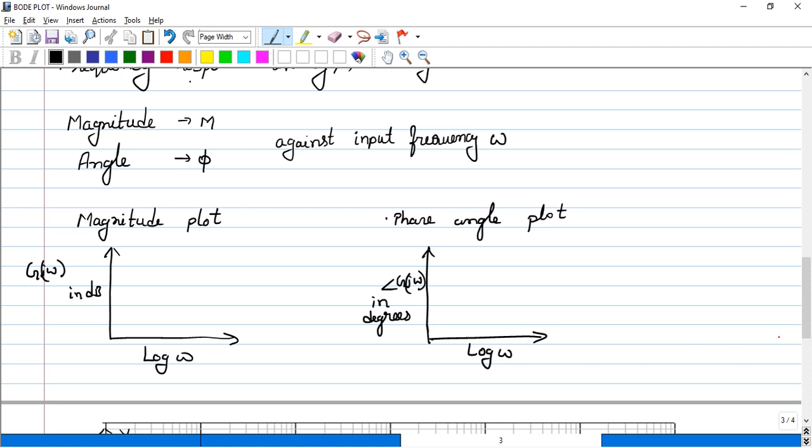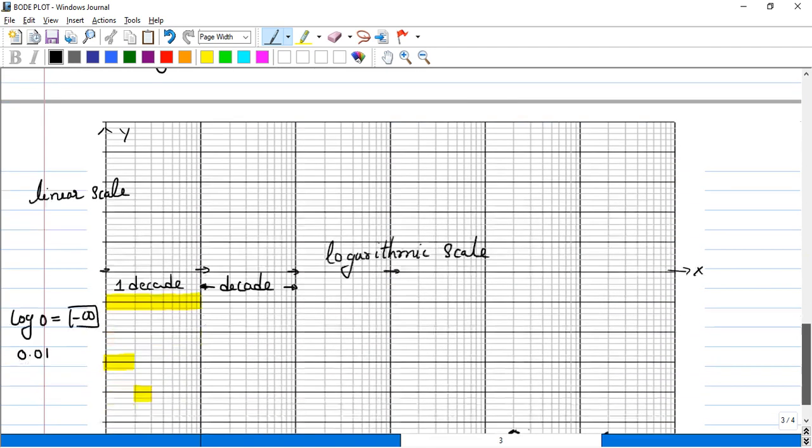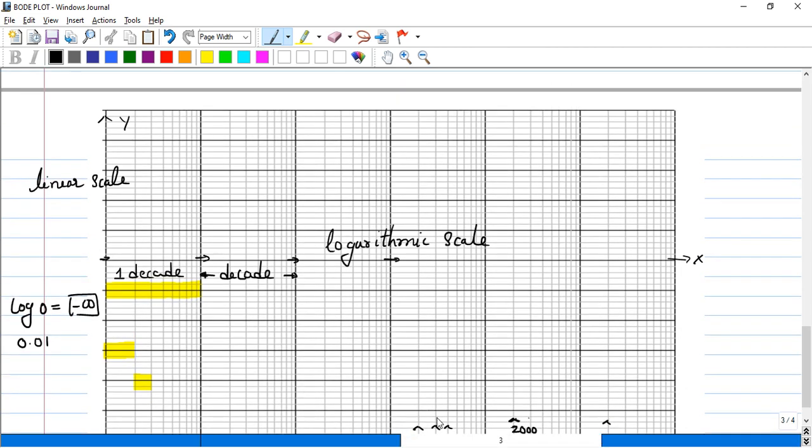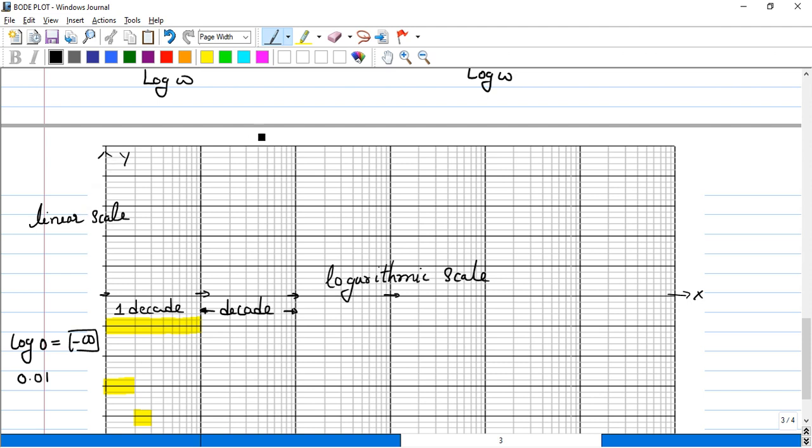That is why we are using the semi-log graph, where we can represent values up to 10,000 and more. So I will repeat: you need to read this as 1, 2, 3, 4, 5. Similarly, it will be 1, 2, 3, 4.